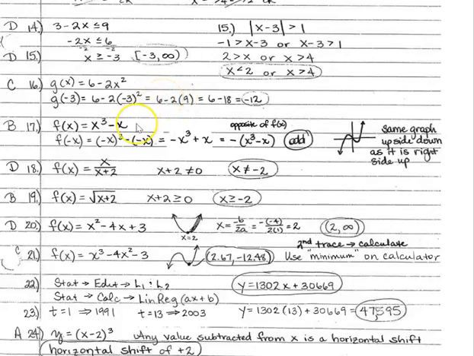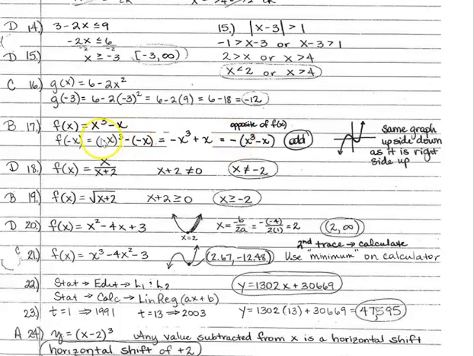All right, then for number 17, they asked me, is this equation even, odd, or neither? For me, the easiest way to do this is just to graph it. If I graph x cubed minus x, I can see whether it's the same graph upside down as it is right side up. If it is, then it's odd. We also could check it algebraically.